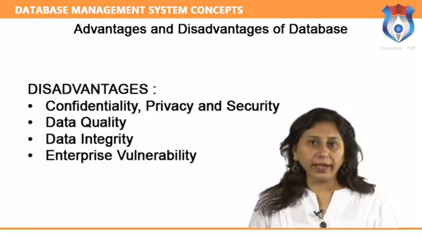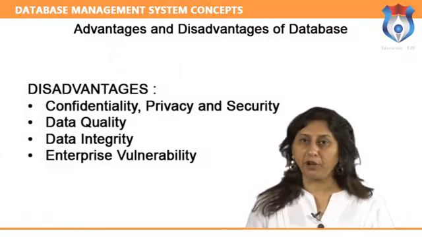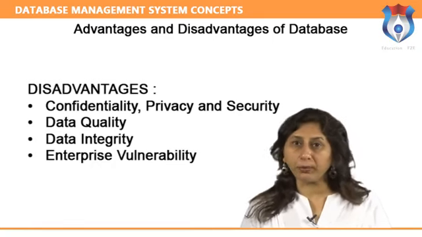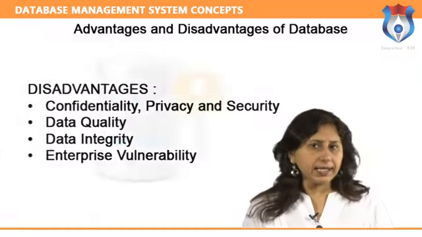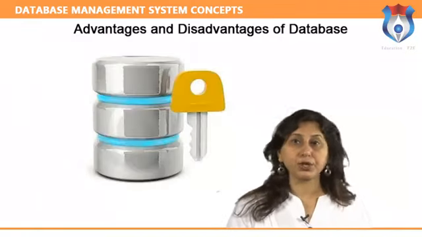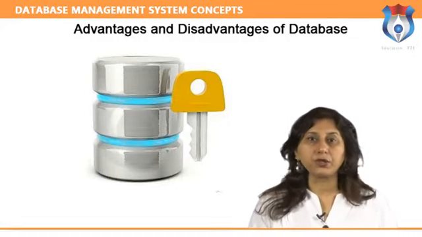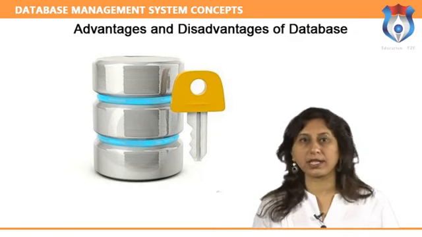Disadvantages. When information is centralized and is made available to users from remote locations, the possibilities of abuse are often more than in a conventional data processing system. Since the database is accessible to users remotely, adequate controls are needed to control users updating data and to control data quality.